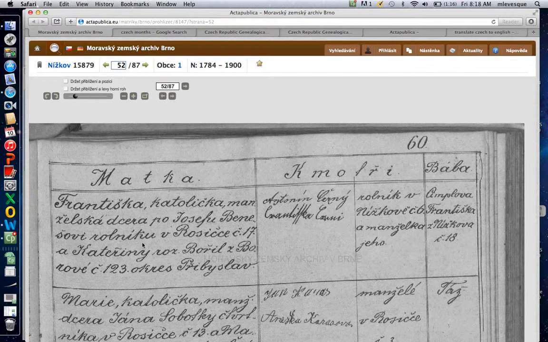OVI is again the feminine endings. He's a rolnik. Notice this time it's a U instead of an A. That's because Po takes a U instead of an A. From Rosichka, number 17, and she's the daughter of Katarzyny, whose maiden name was Borgia.